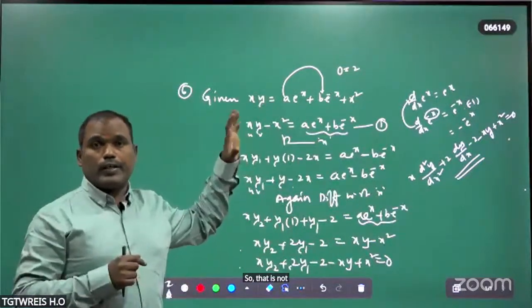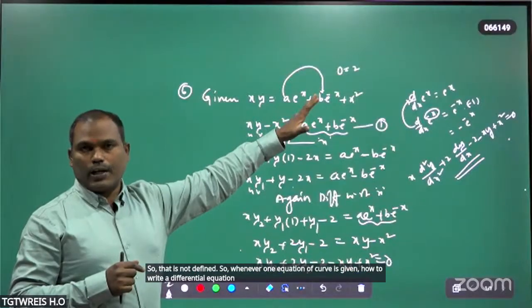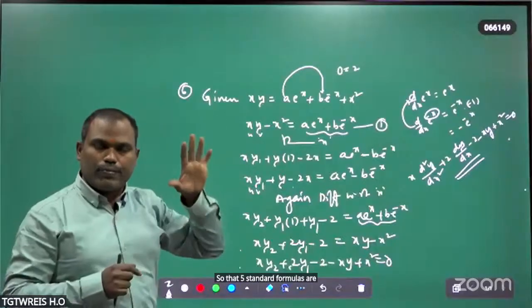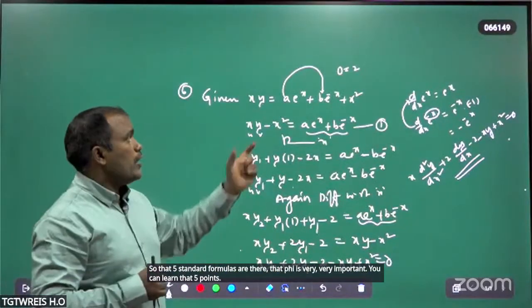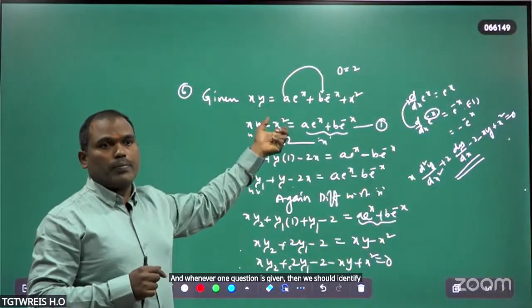So whenever one equation of curve is given, how to write a differential equation, I have already told just now. There are 5 standard formulas, and those 5 are very, very important. You can learn those 5 points. Whenever one equation is given, we should identify how many arbitrary constants are there.